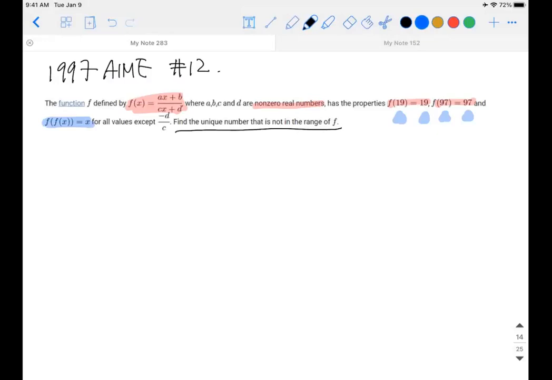Okay, so for such a problem, I think you don't really have too many things to get started. The very important thing is you have f(f(x)) equals x. That's the most important condition for you to get started, right? There's nothing really special. So let's just plug in the value, right?